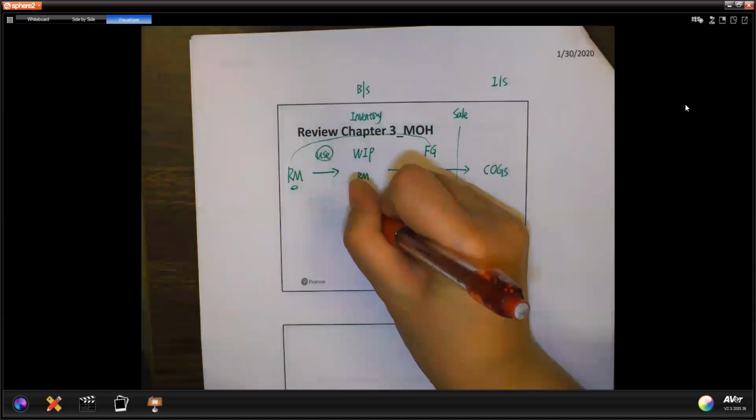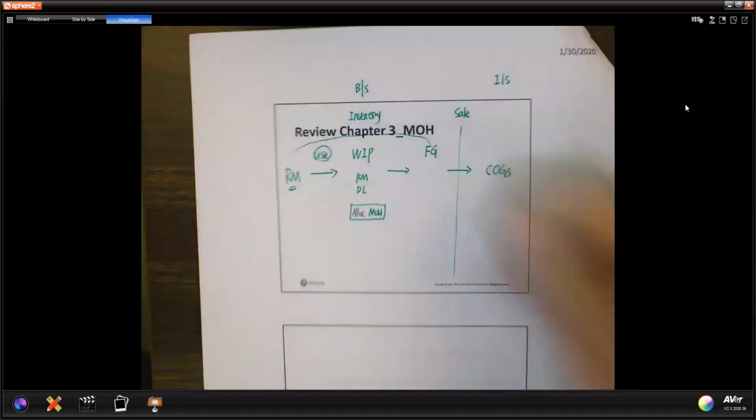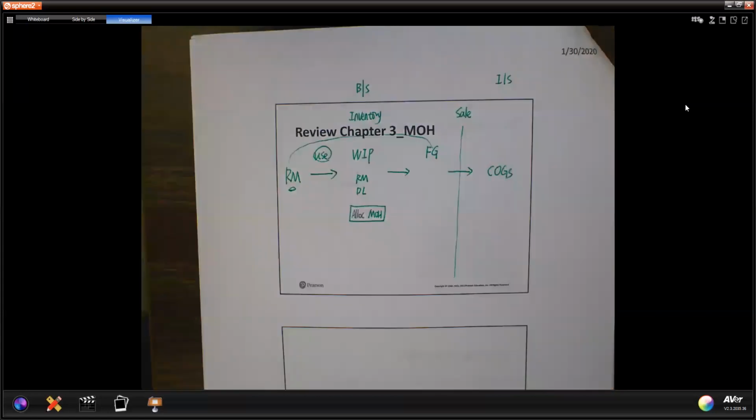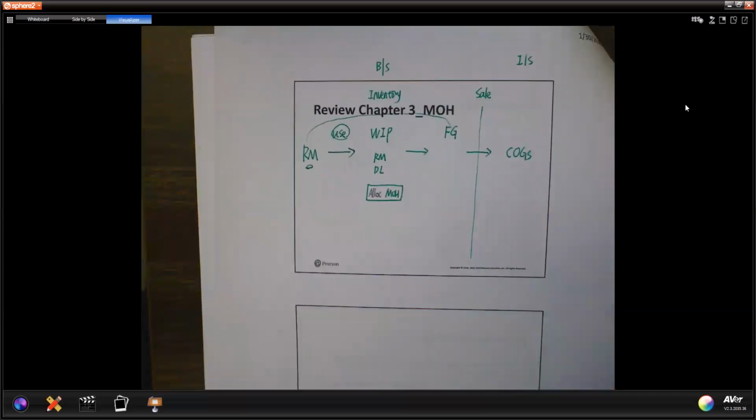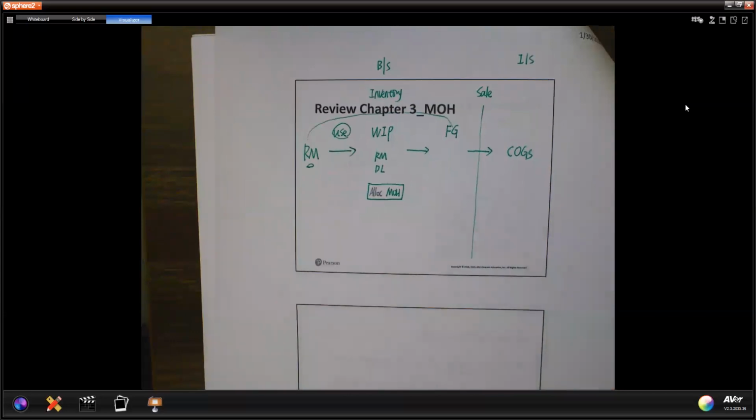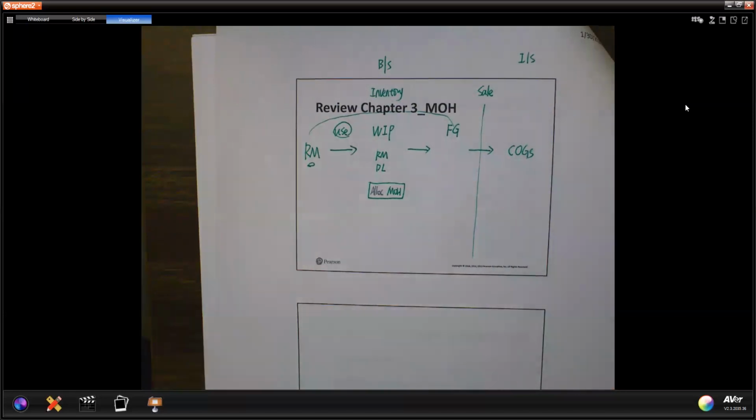So instead of using the actual manufacturing overhead, we don't really know the actual number. Let's say for the utility, you really don't know how many dollars really went to this specific job. So instead of using the accurate manufacturing overhead for that specific job, we allocate a portion of your total manufacturing overhead to that specific job.